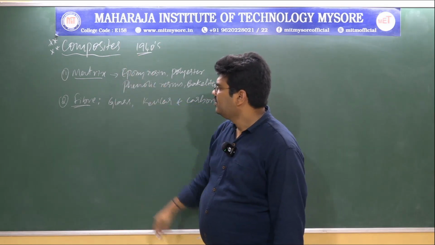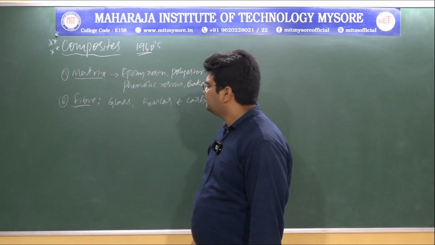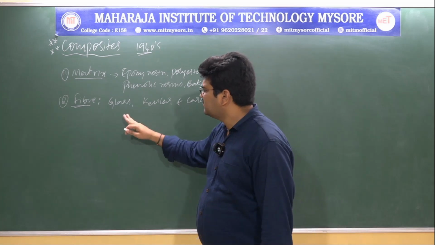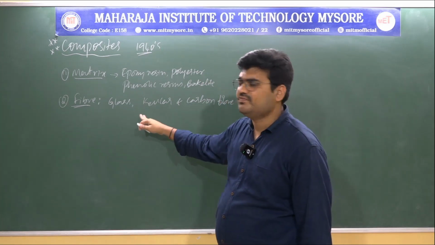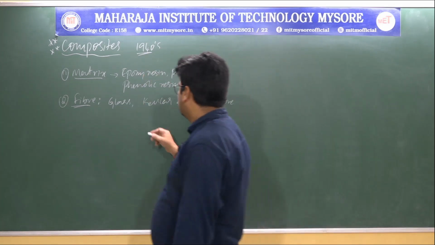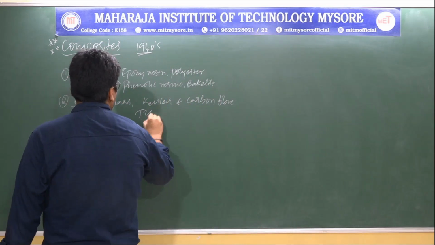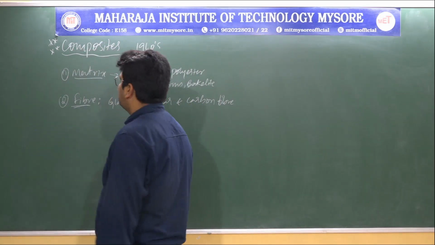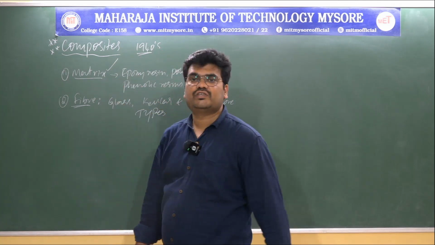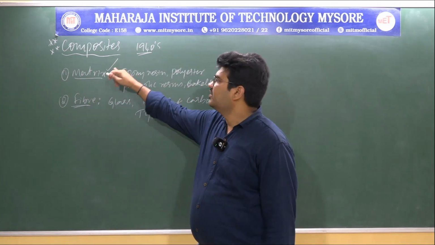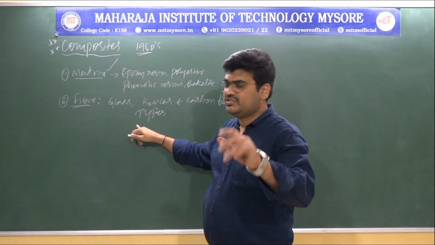Composite materials. If you come and see the classification or types of these composite materials, we can classify these composites into three important types based on the matrix used. We can classify composites into three major types.